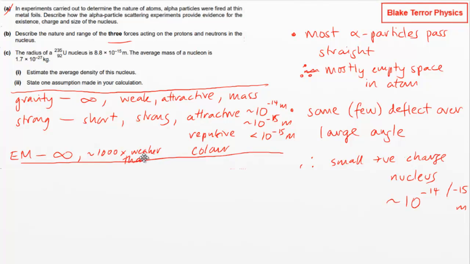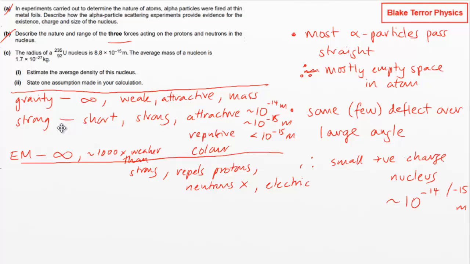It repels protons. It doesn't affect neutrons. You've got a lot of things you can say here. And it is electric charge. So that is covering more than enough there to get your marks.